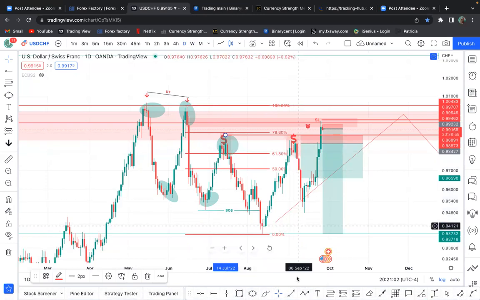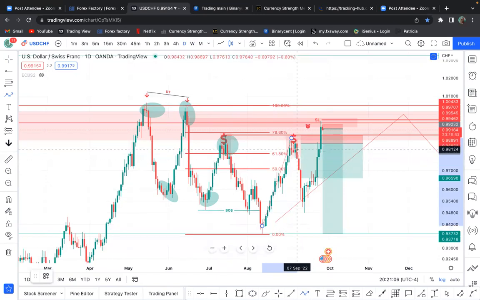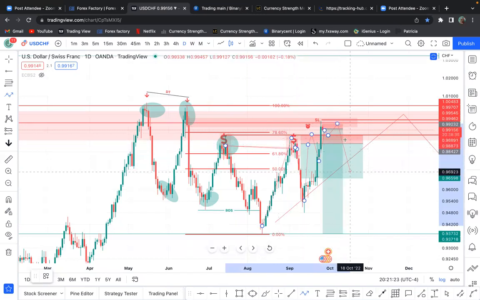So now the market created this liquidity, which is these highs. Okay, and then it dropped. So now people that would take their trade at this point and put their stop losses here, the market swept all this liquidity, and then it is now going to drop because it is now at the other block.